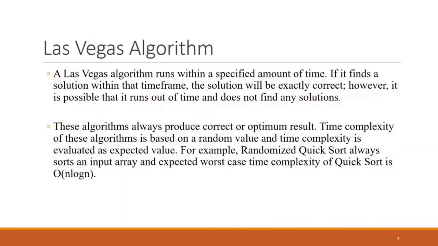It provides the perfect output for the problem. The time complexity depends upon the random input that we choose. According to the random input or random number that we choose, the time complexity will differ. An example of Las Vegas is quicksort.